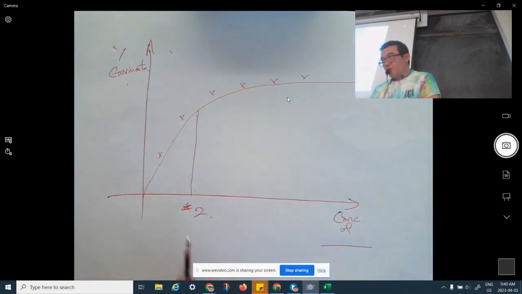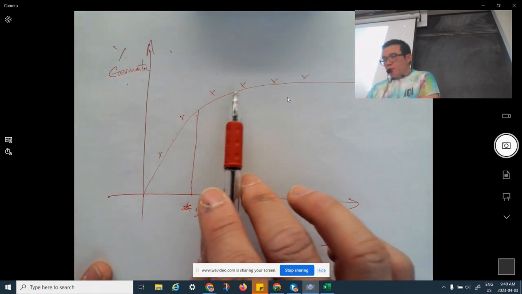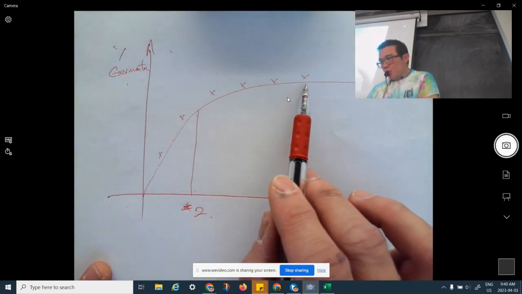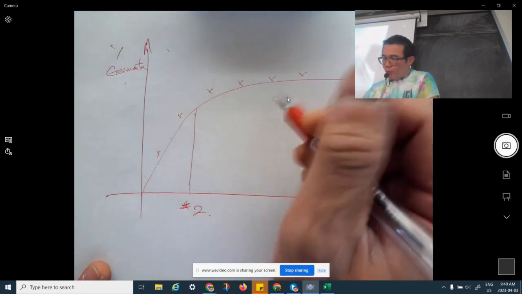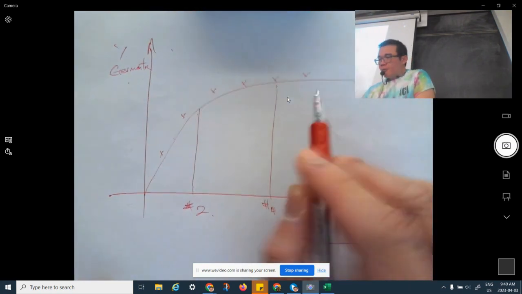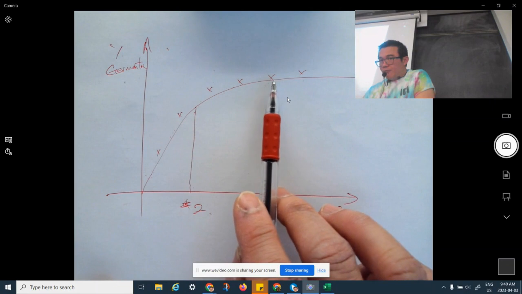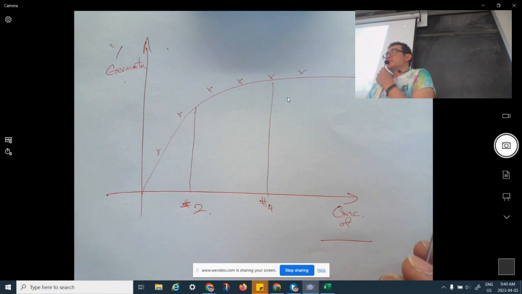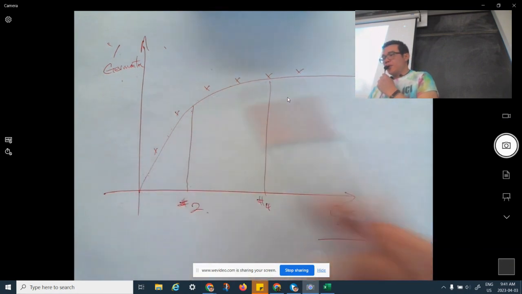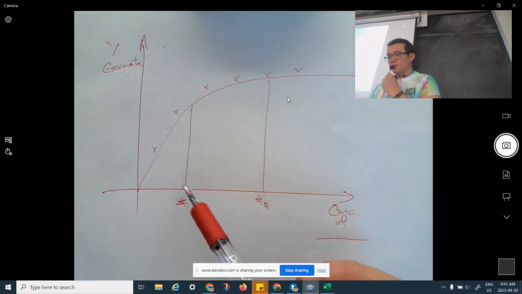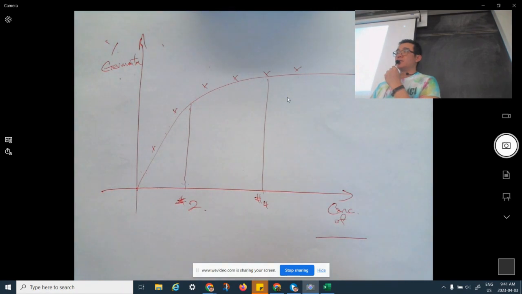After concentration of 2, whatever it is, the percentage germination increases more slowly, and up to a certain point, let's just say by 4, after concentration of 4, it barely increases. Does it make sense? So this is the part where you're referring to the trend, the shape of the line, using the points in detail. Are you guys good?